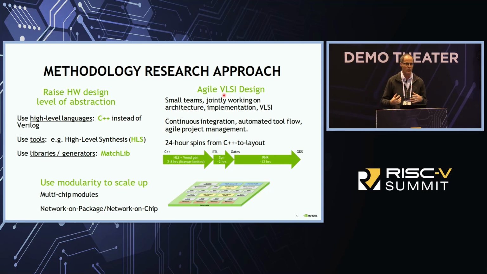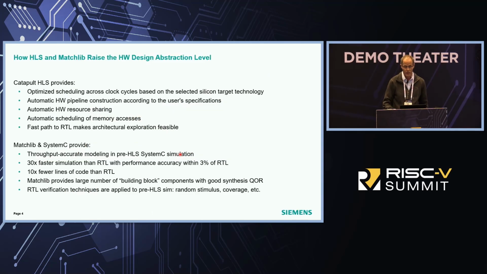This is analogous to the agile development methodology in the software development world. The last thing they do, which I'm not going to talk about very much in this talk, is the use of multi-chip modules and network-on-chip technologies to scale the size of the system.